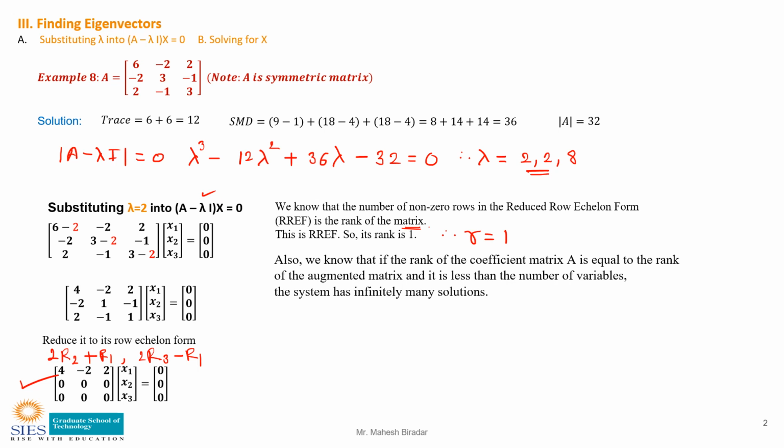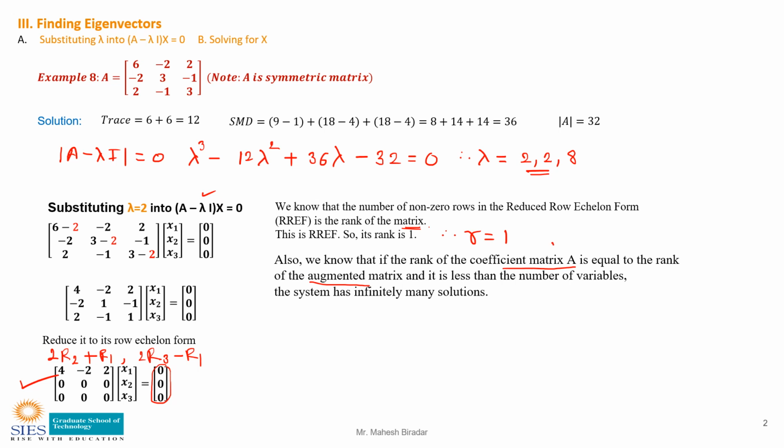Also, there is one interesting result. If the rank of the coefficient matrix A is equal to the rank of the augmented matrix, we have to add this column to the existing matrix, it becomes an augmented matrix. So if you add the 0, 0, 0 column, the rank is not going to change.